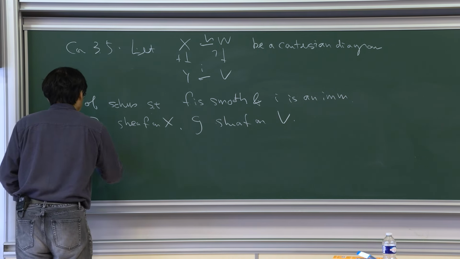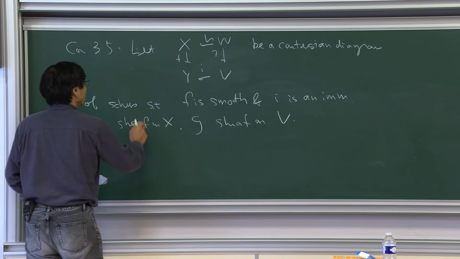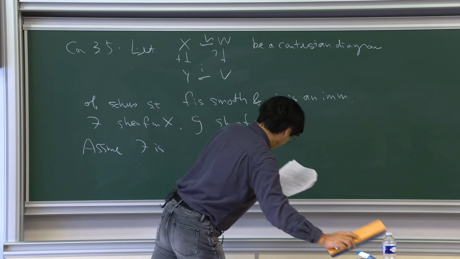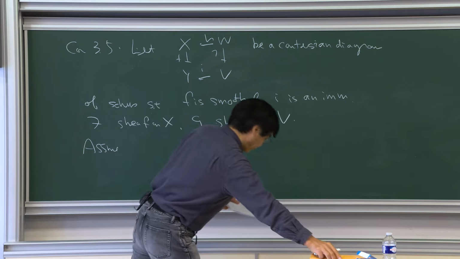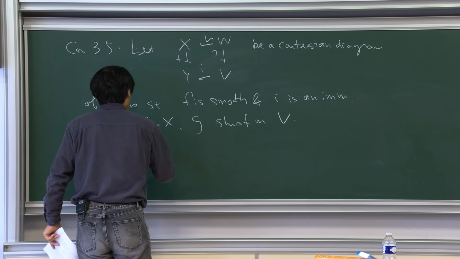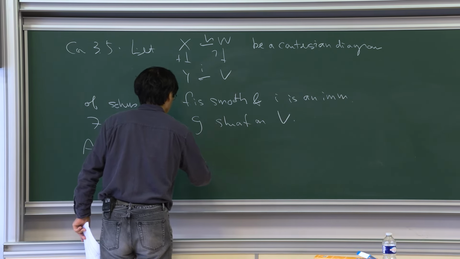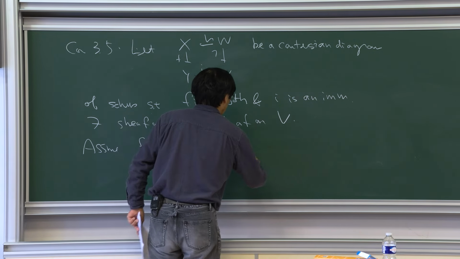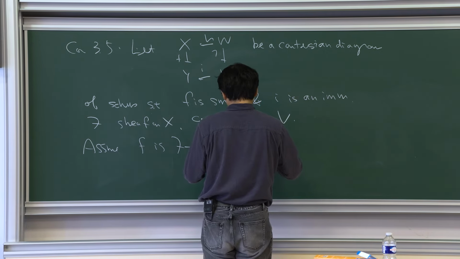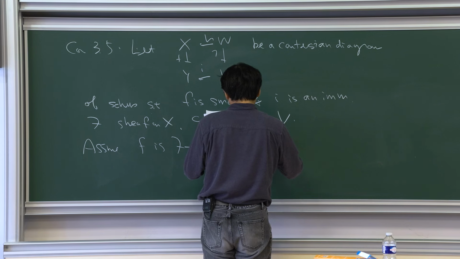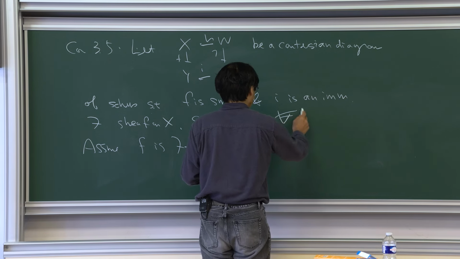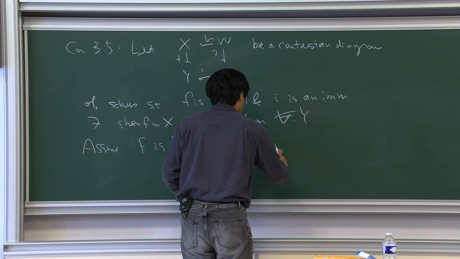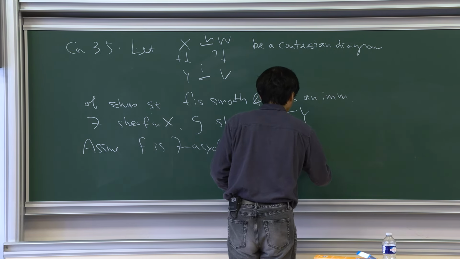And assume that small f is large F acyclic, and G is on Y, sorry, this i is G transversal.